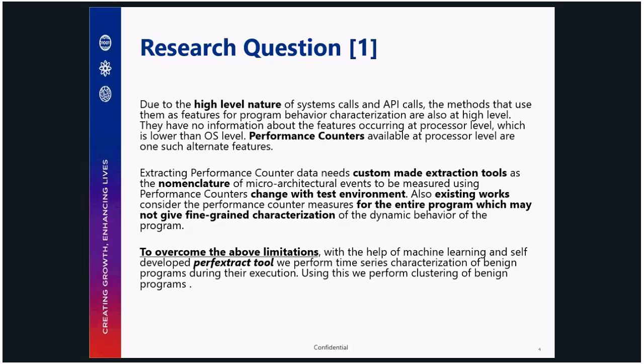Our understanding is that low level data is relatively tough to tamper with. It's not impossible, but it's relatively tough. The microarchitectural events and other data happening at the processor level are difficult to tamper with, and hence we use performance counters as an alternate feature to the existing system calls and API calls.